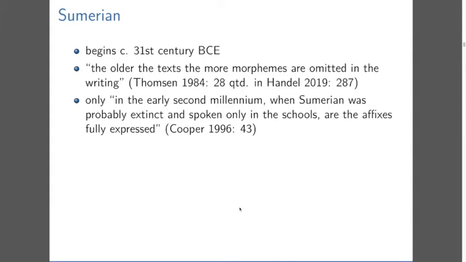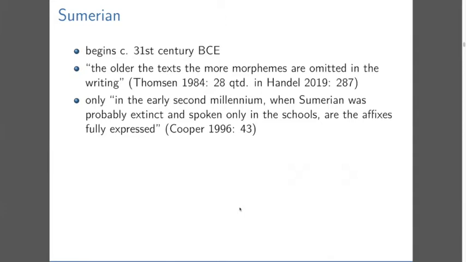Which is to say, if you look at the early Sumerian, when Sumerian was a robust living language, from the point of view of an investigator today, it might well look like a highly isolating language with very little morphology. And that's just because the Sumerians didn't feel the need to write it down, because they all knew it.